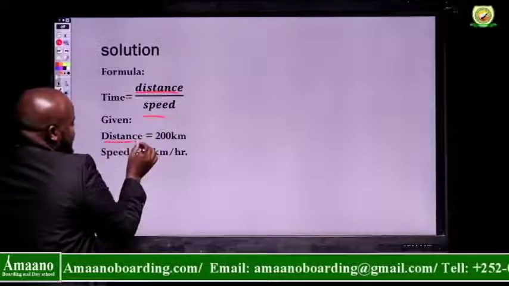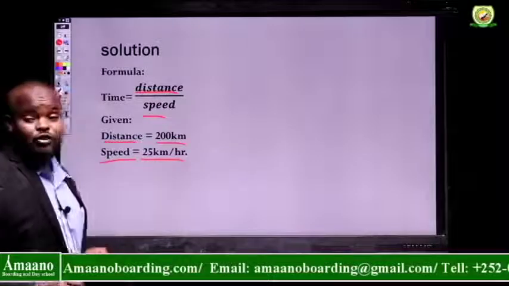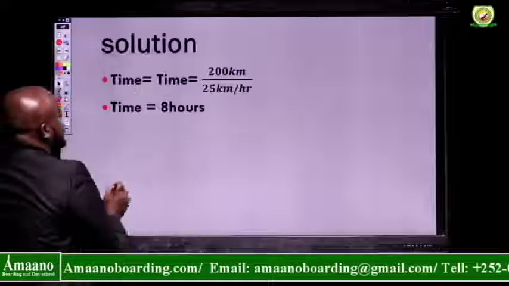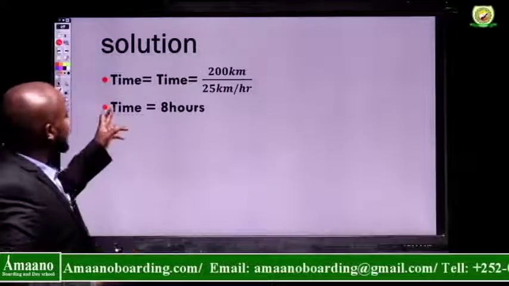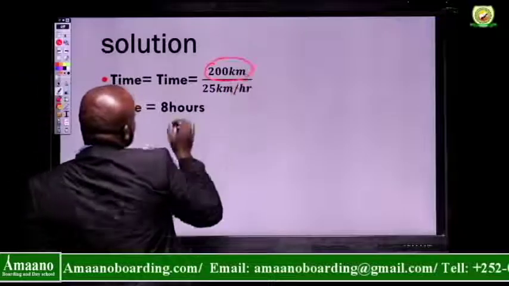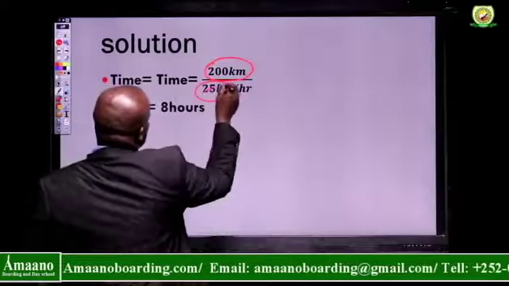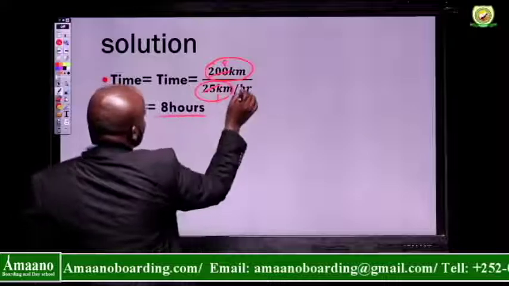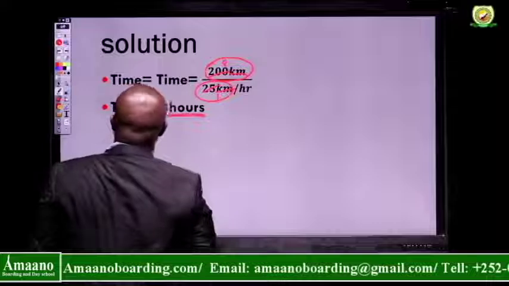We are given the distance, which is 200 kilometers, and the speed, which is 25 kilometers per hour. Now time is equal to 200 kilometers divided by 25 kilometers per hour. 200 divided by 25 is 8. Then the kilometer cancels the kilometer.